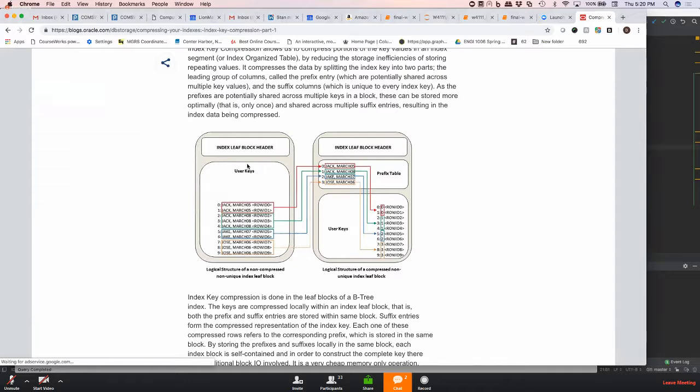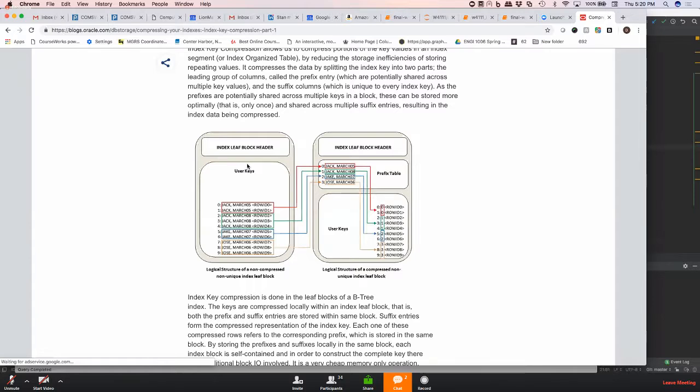Remember, I said that you can use Google and other things. Basically, the best example that I can think of is, suppose that you had a key that was last name followed by first name. So it's a compound key, last name followed by first name.